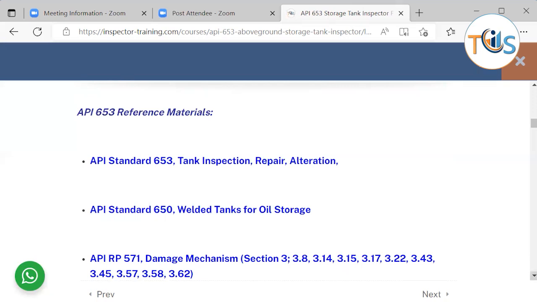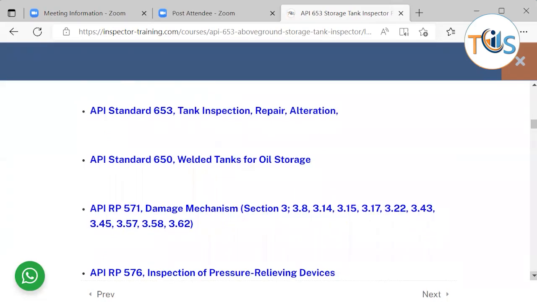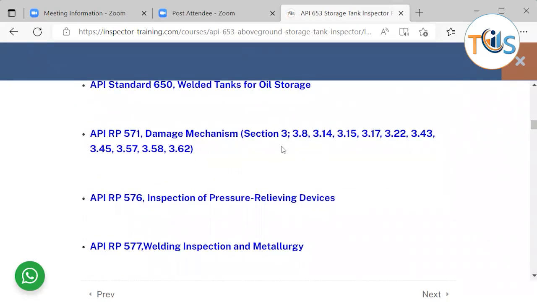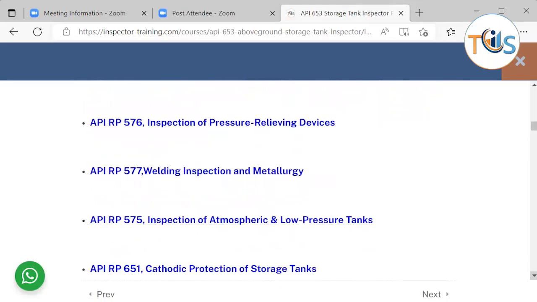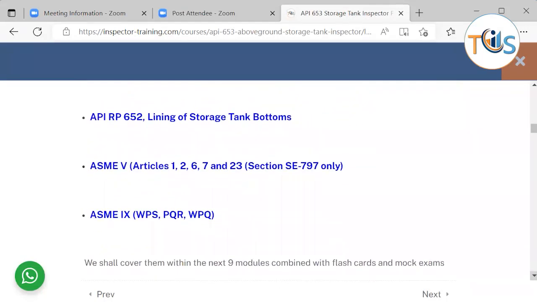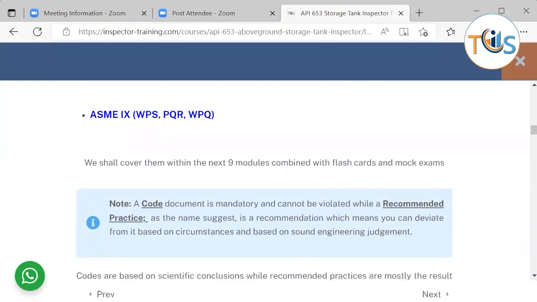You can find it from the publication effectivity sheet, includes 653, 650, 571, Section 3 and a dozen of damage mechanisms, 576, 577, 575, 651, 652, ASME Section 5, only Articles 1, 2, 6, 7 and 23, and ASME Section 9. We shall cover them within the next 9 modules, combined with flashcards and mock exams.